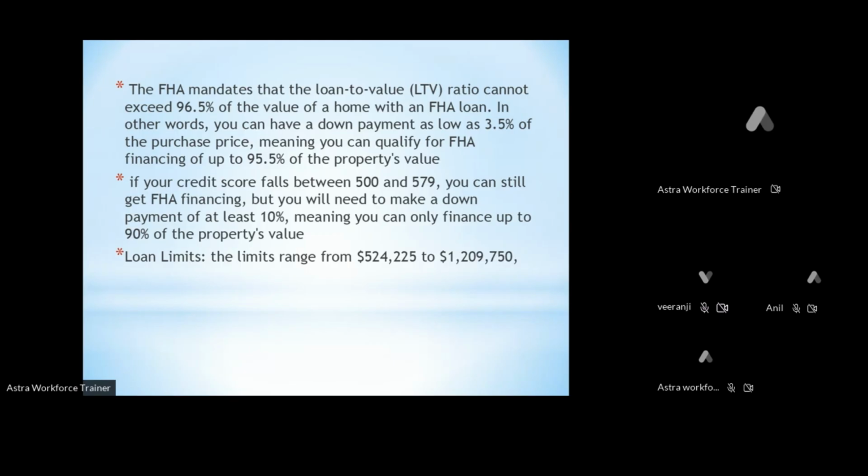So that level of leeway we have in FHA, but there's a limit for the loan amount also. The loan limit is $524,000 to $1,209,000. This is the loan limit for FHA.